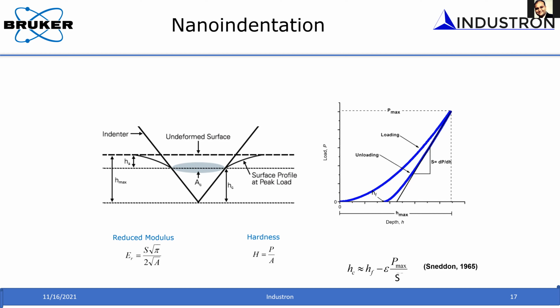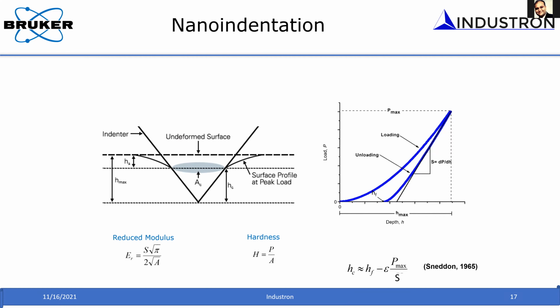And once you have done that, from the unloading curve, measuring the stiffness of the unloading curve, and the area function of the probe, you can calculate the modulus as well as the hardness of the material. Okay, but to do that, you need some kind of transducer to apply the force and measure the displacement. That's what I'm going to cover in the next slide.